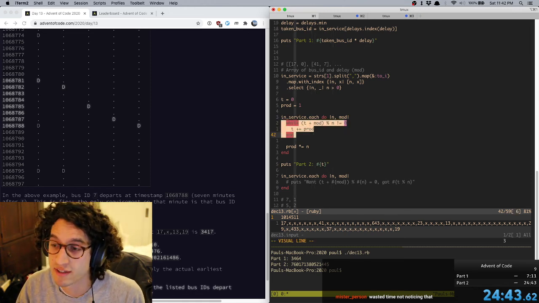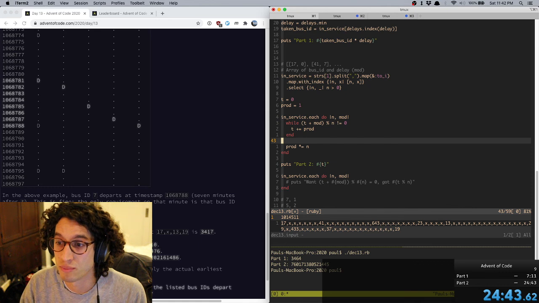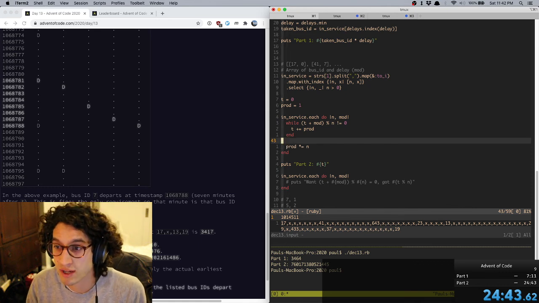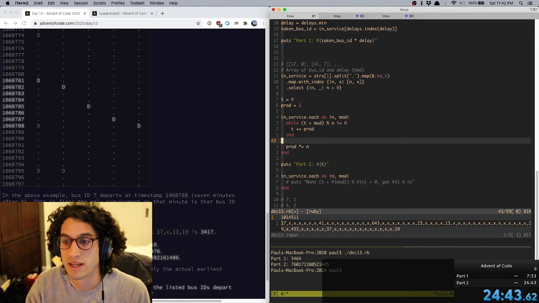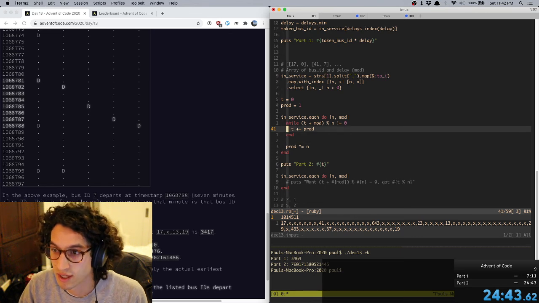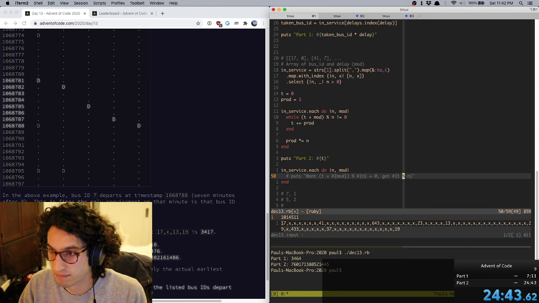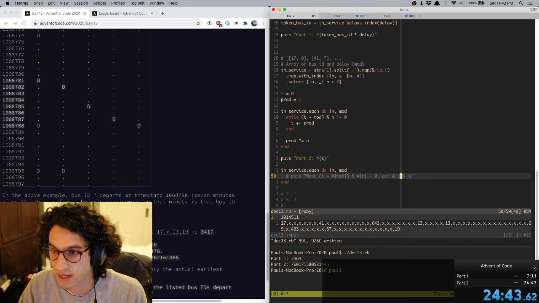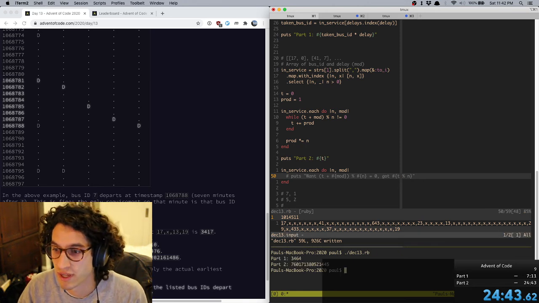But after we find a T that satisfies that constraint mod N, we then multiply our product by N. And so when we increment T by the product, T mod N won't change. So that's what I mean by locking in each bus ID. And we just do that for all of them. I don't know. That was kind of hard to explain, but it works.